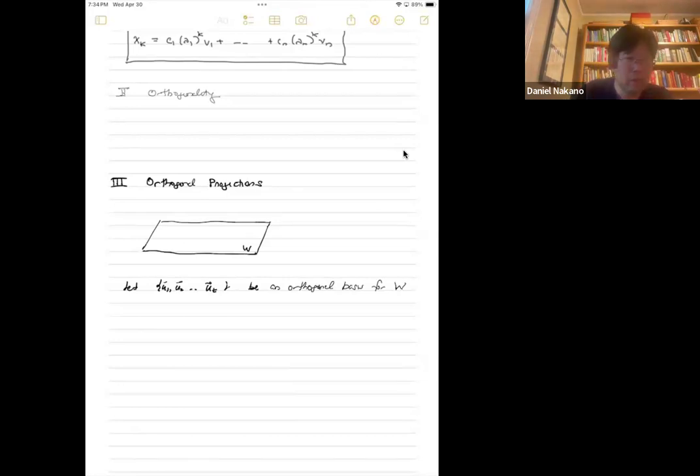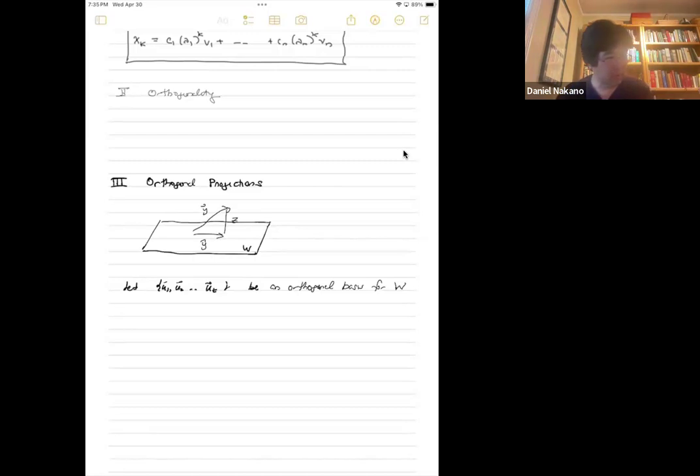Okay? And so the idea is when you take a vector outside of W, call it y, then you can project the vector down, and you can write it as something in W and something orthogonal to W. So this is y hat and this is z.